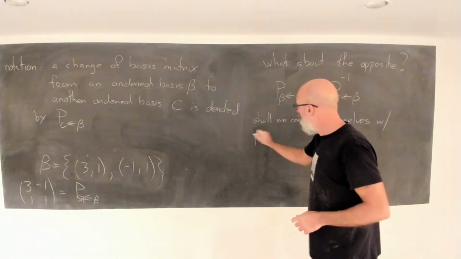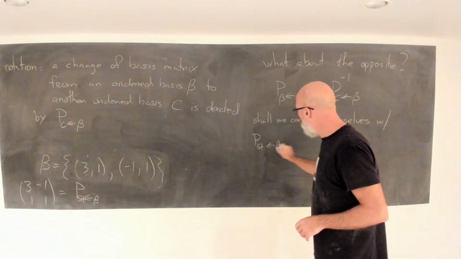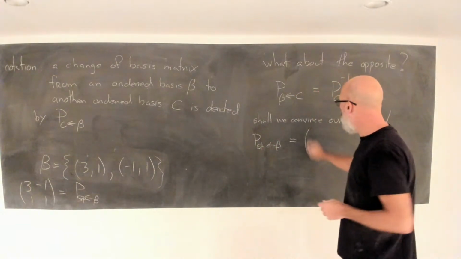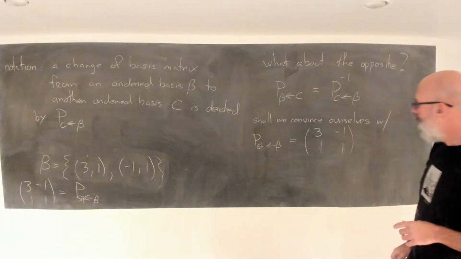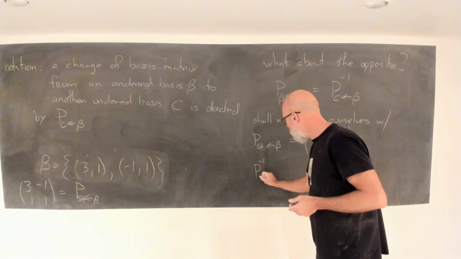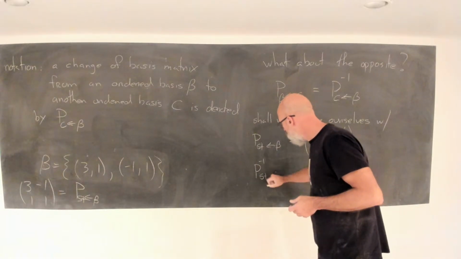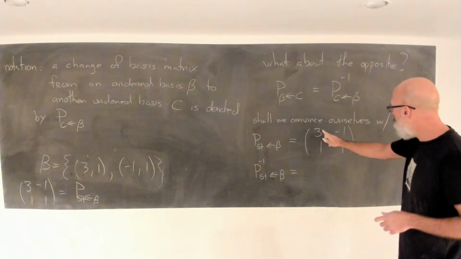With P going from B to the standard, which was 3, 1, minus 1, 1, what is the inverse?